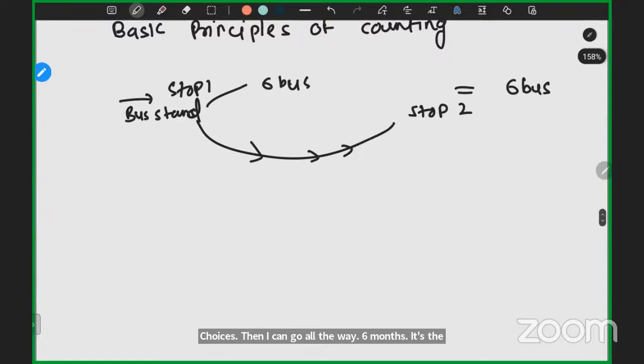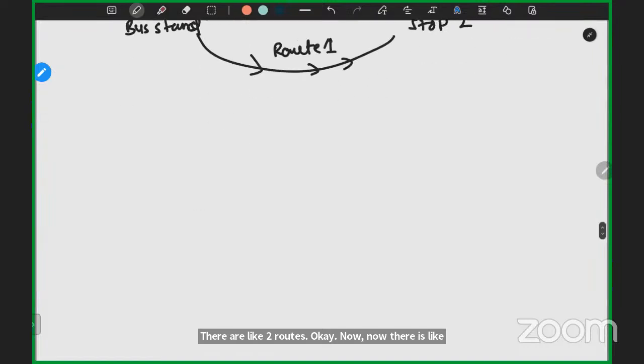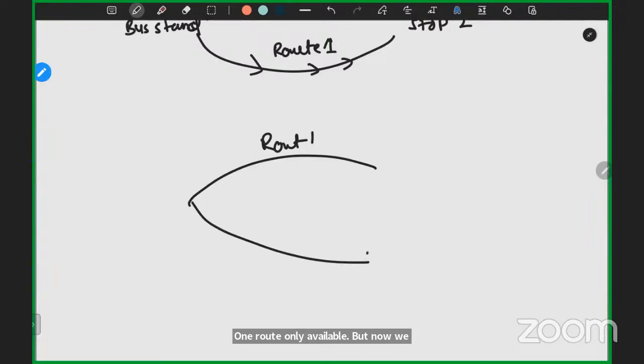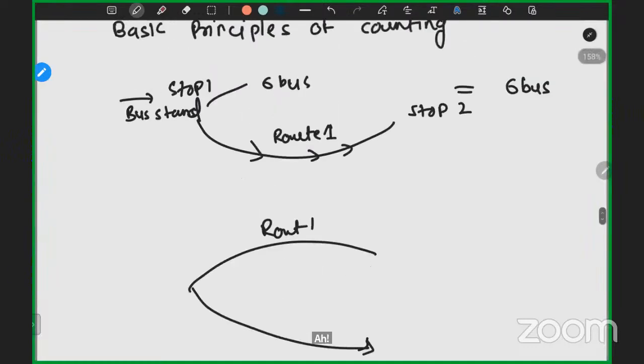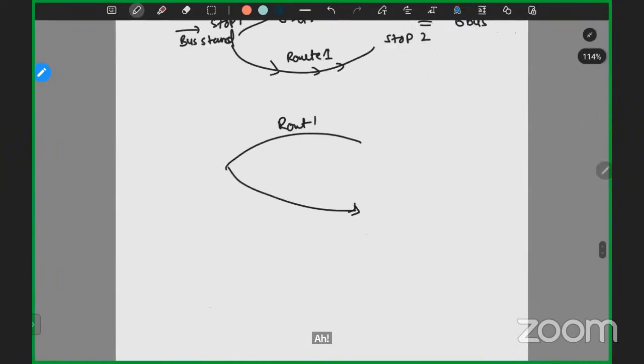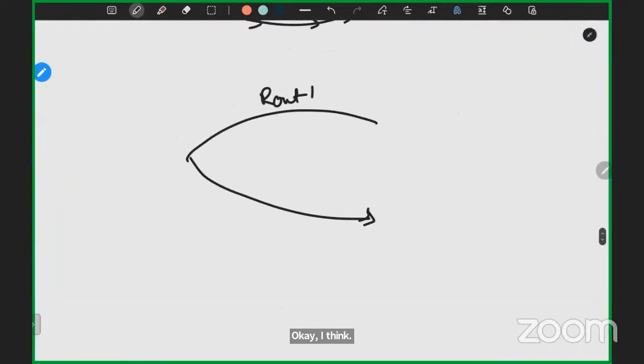Very easy. Then let's say there are two routes. Here we had only one route available, but now we have, let's say, two routes: route one, and also route two.